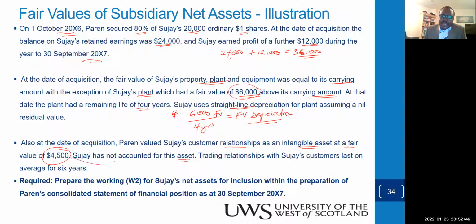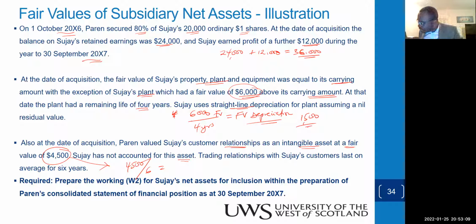So again, we need to then amortize this intangible, right? 45 by the useful life of 6. Okay, by 6. Okay, let me work this and put them down. So our 6,000 by 4, just to be very sure, okay, is 1,500 for the depreciation, right?